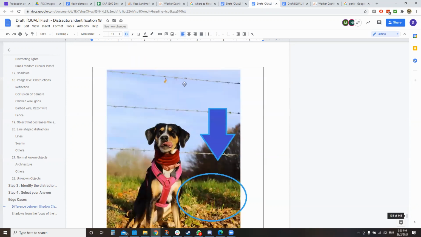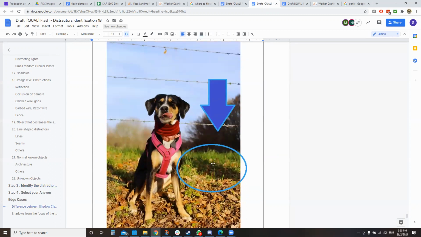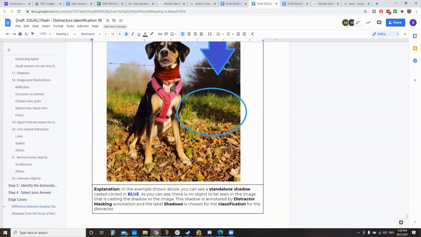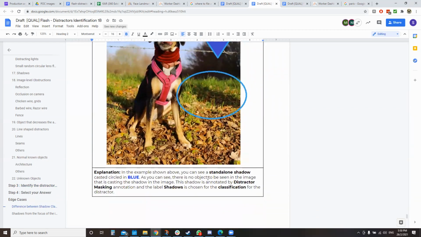In this example, you can see a standalone shadow that is circled in blue. As you can see, there is no object in the image that is casting the shadow. This shadow is annotated by distractor masking and labeled as shadow. So this is what it means by shadow.